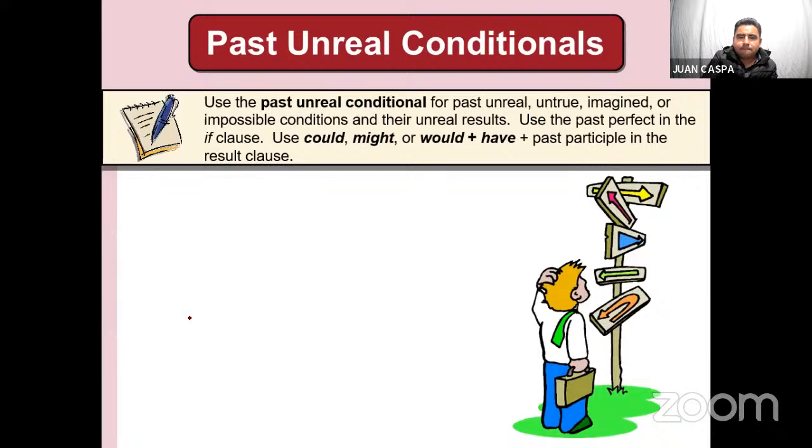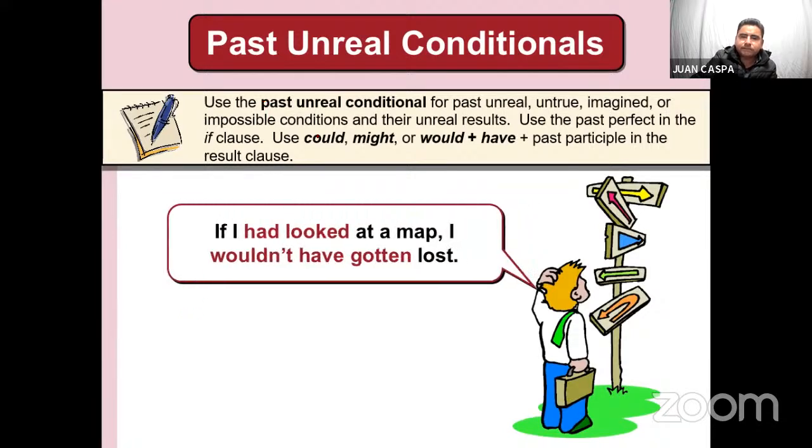Over here in the past unreal conditionals, for past unreal and imagined, right? Impossible conditions and their unreal results. Use the past perfect in the if clause when the past unreal conditionals are impossible, right?